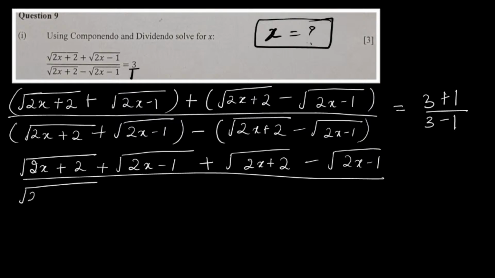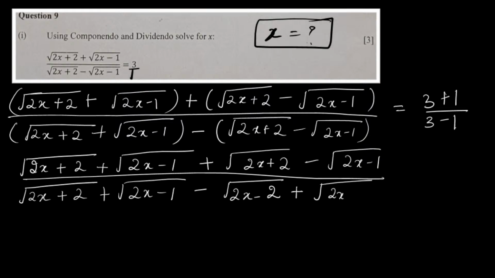So in denominator, root 2x plus 2 plus root 2x minus 1. Now minus is there. If minus is outside the bracket, we have to change the inner sign. So this will become minus square root of 2x plus 2 and plus square root of 2x minus 1, due to minus multiplication.